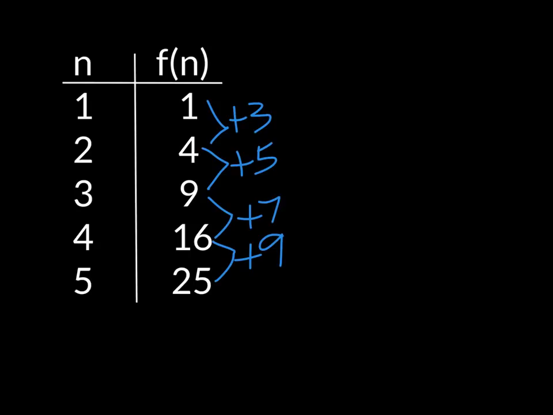That explicit equation for that blue data would be f of n equals 2n minus 1.